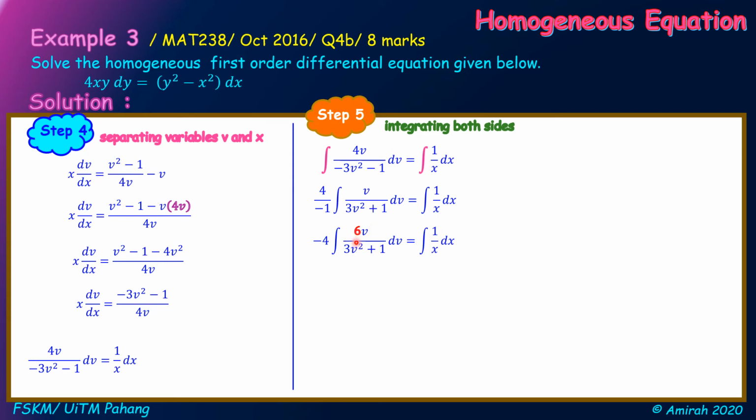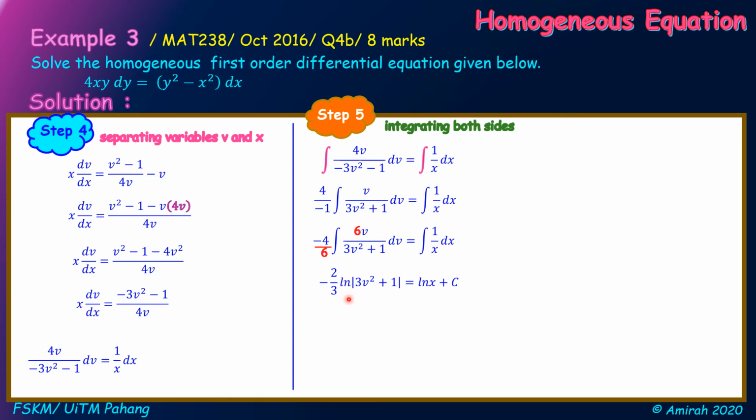And then to simplify back the constant 6, we divide by 6 here. So that when we simplify, we get back the above function. And then from here, we simplify negative 4 over 6, so we have negative 2 over 3. And then when we differentiate the denominator, and the answer is the numerator, so the answer should be ln.